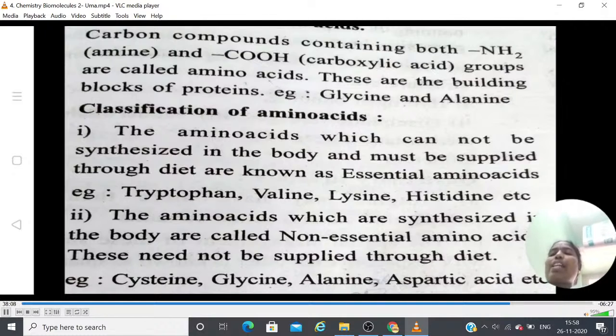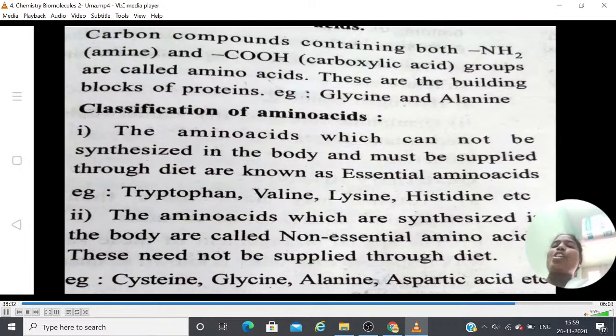The second one is non-essential amino acids. Non-essential amino acids are the amino acids which are synthesized in the body, so they need not be supplied through diet.